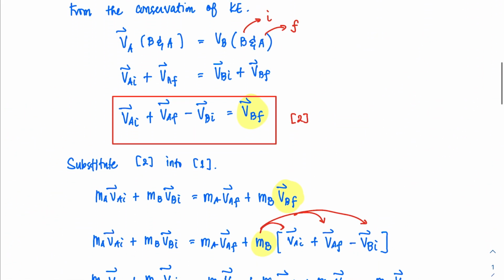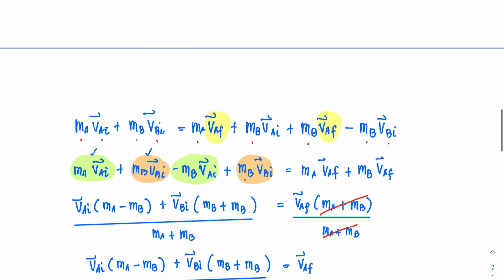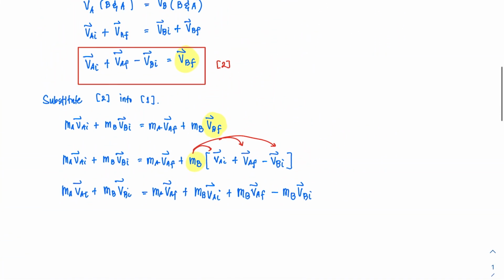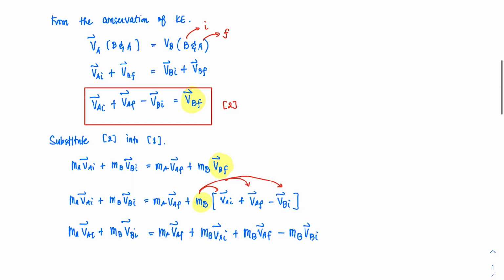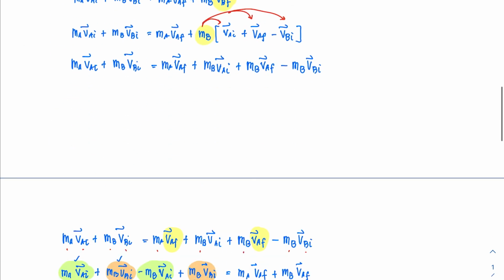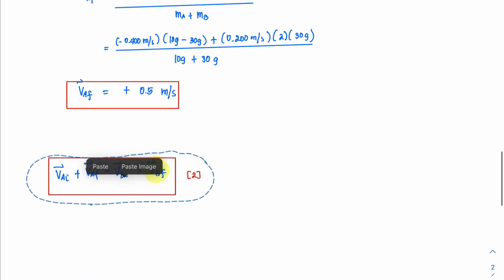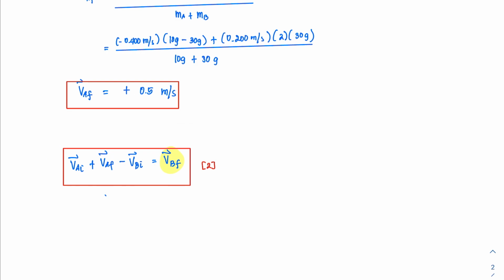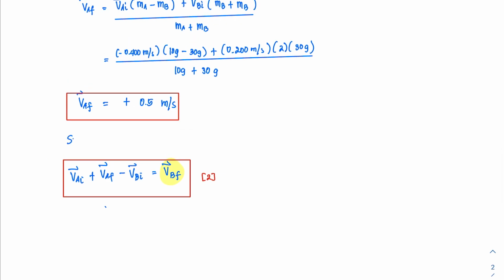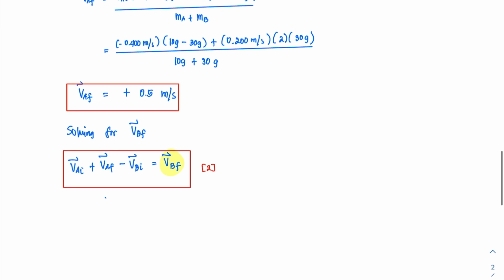So let's proceed to the part where we're looking for VBF. But once we are able to solve for VAF, VBF is quite easy because we're just going to substitute our values from here. So I'm just going to write, solving for VBF.